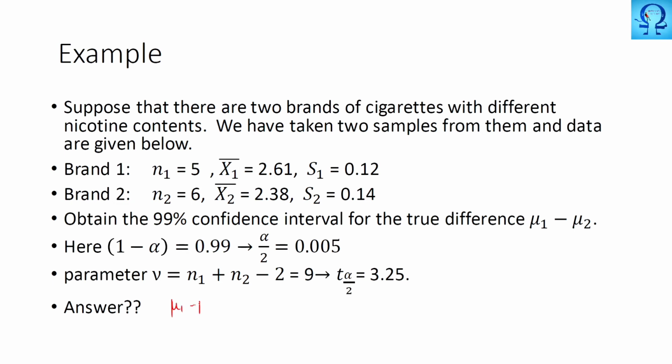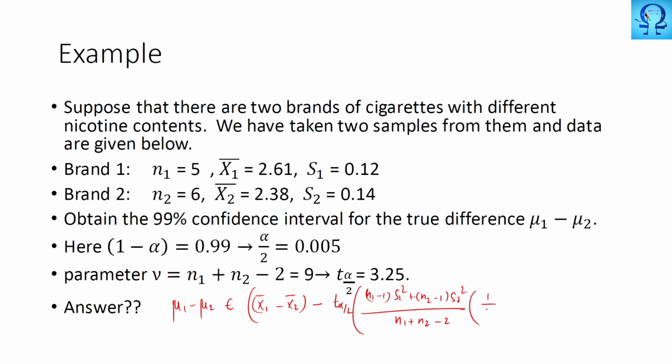We know mu1 minus mu2 will be in the interval x1 bar minus x2 bar minus t alpha upon 2 multiplied with n1 minus 1 s1 square plus n2 minus 1 s2 square divided by n1 plus n2 minus 2, multiplied with 1 upon n1 plus 1 upon n2, whole to the power 1 upon 2.